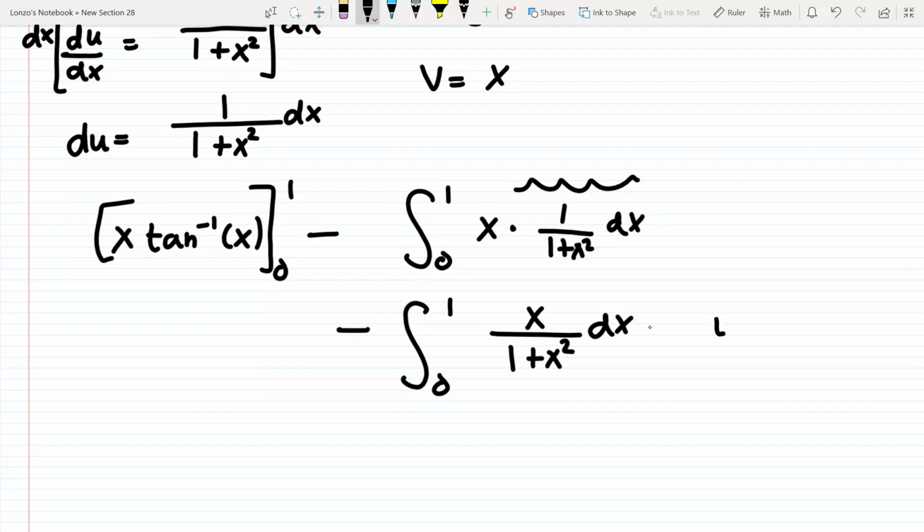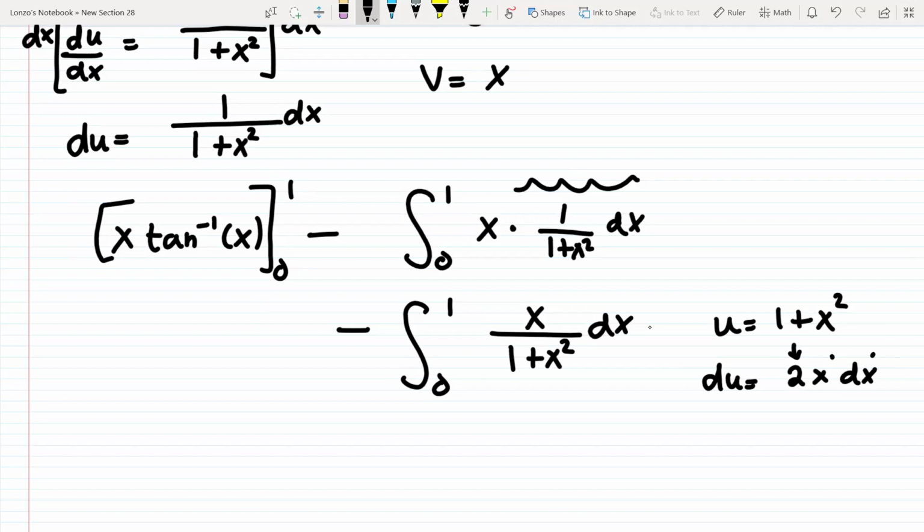My u would be 1 plus x squared, and my du would be, the derivative of 1 is 0, the derivative of x squared is 2x, and then dx. We have this x and this dx, but we don't have this 2.